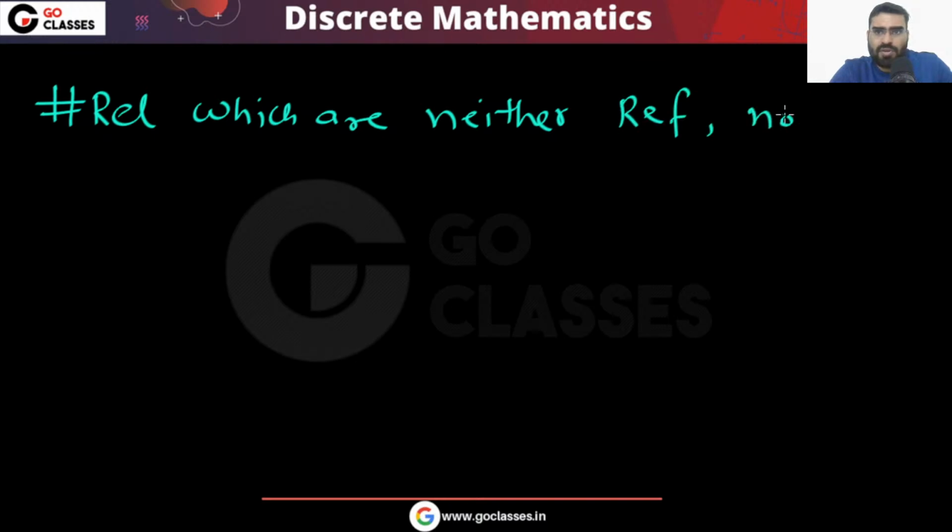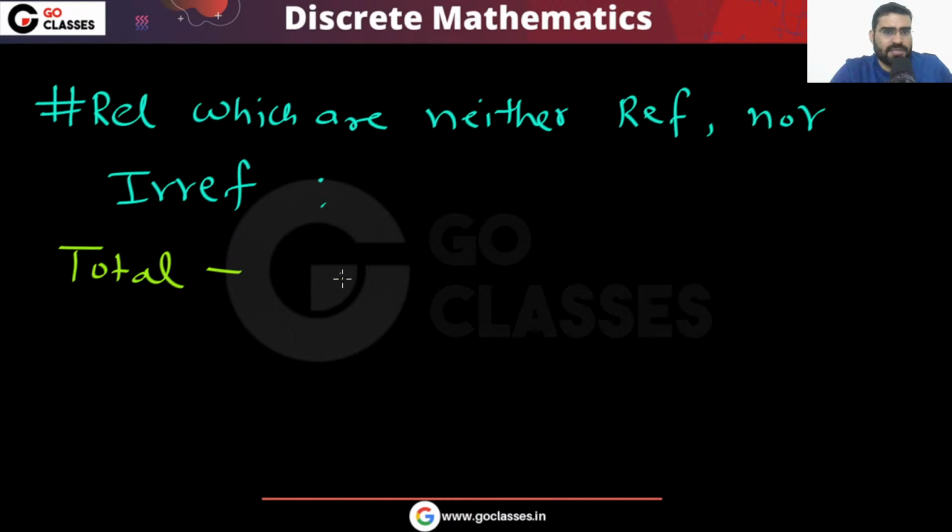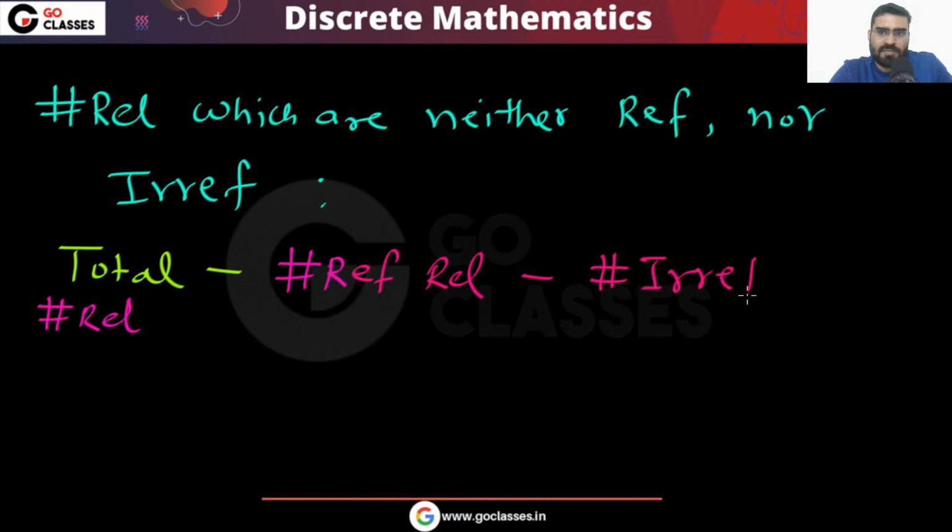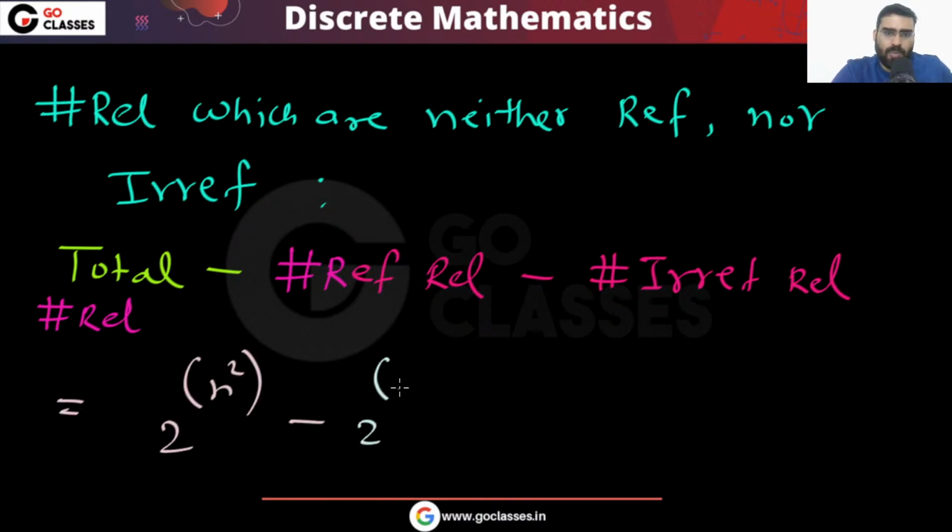Again the answer will be the total number of relations, from which you remove the number of reflexive relations, and you also remove the number of irreflexive relations. So your answer will be 2 power n square minus 2 power n square minus n minus 2 power n square minus n.